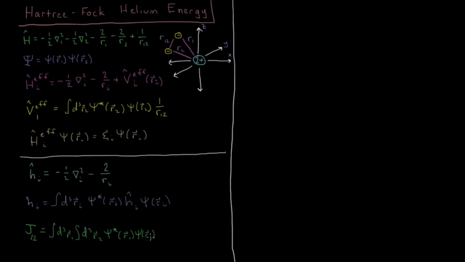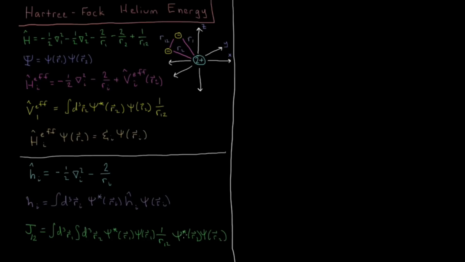So this product here forms the electron density of electron 1, times the Coulomb operator, 1 over R12, times psi star of R2 times psi of R2.